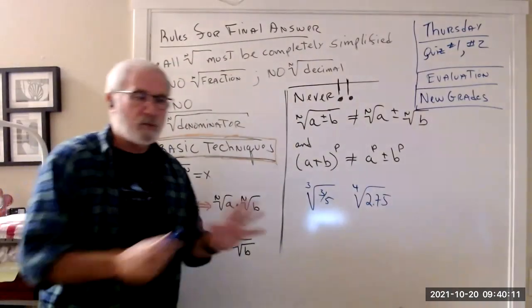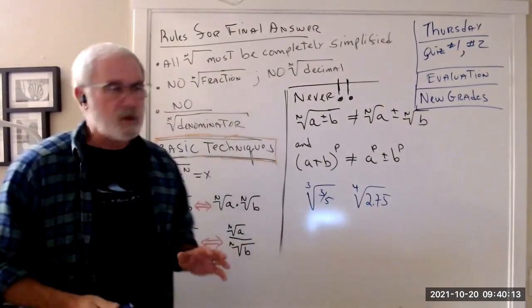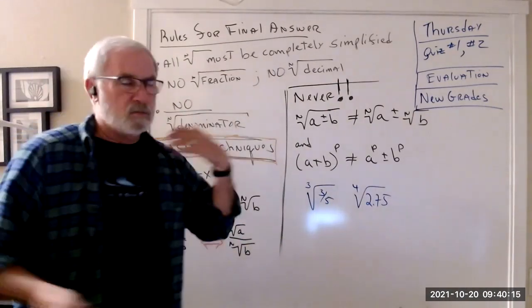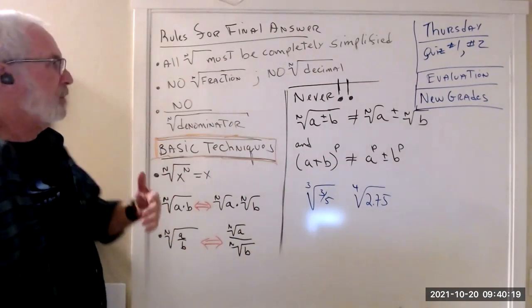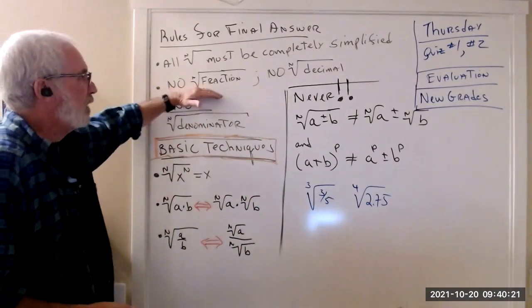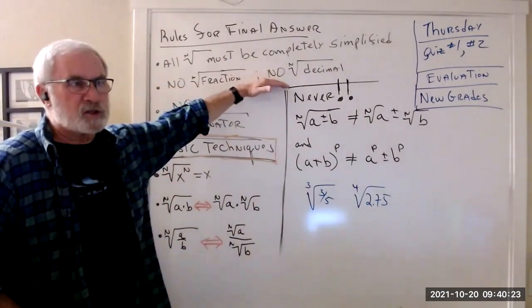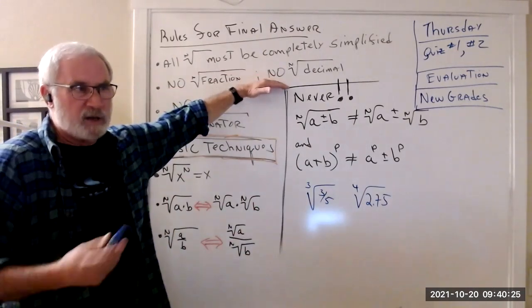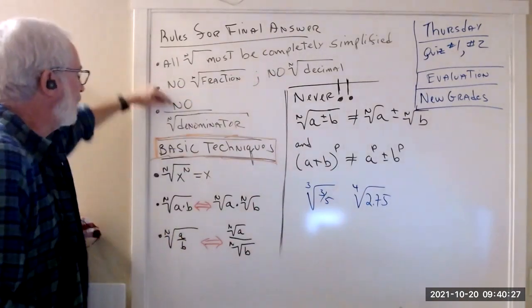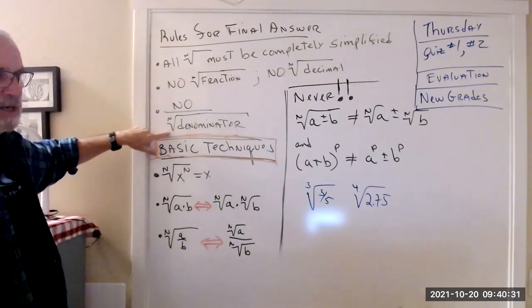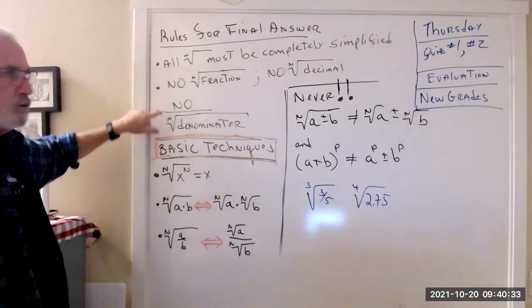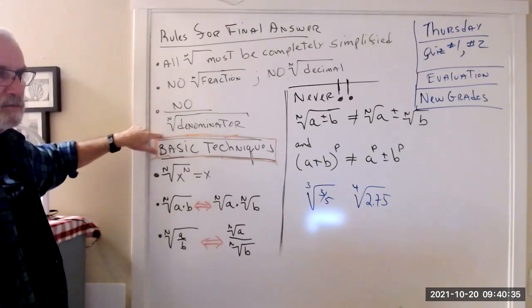Somehow or other, you've got to figure out how to fix it. We've talked a little bit about how to do that, and we'll review that a little bit more tonight. But no fractions, no decimals inside your final radical answer. And lastly, no radical in the denominator. No radical in the denominator.